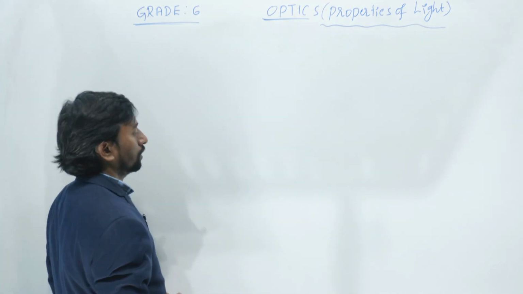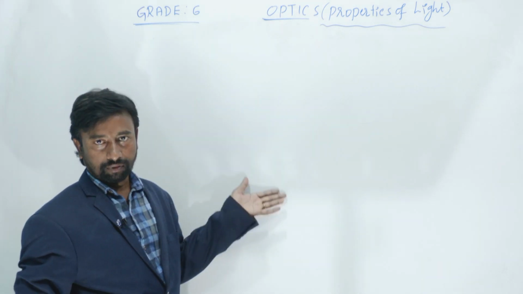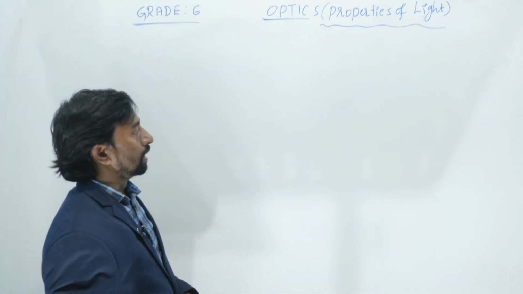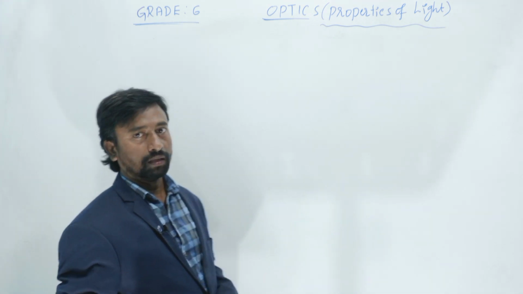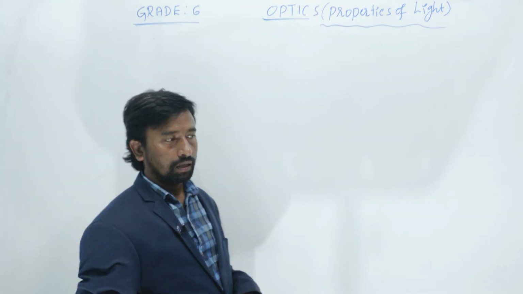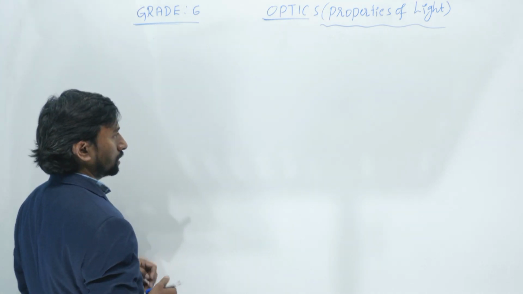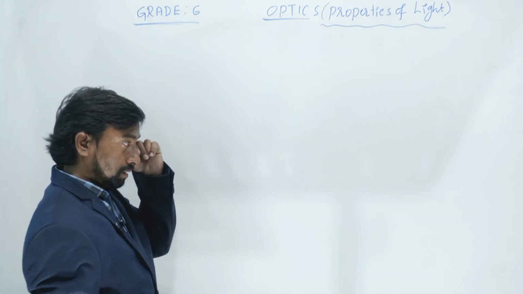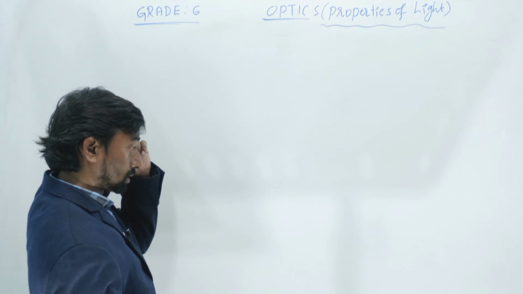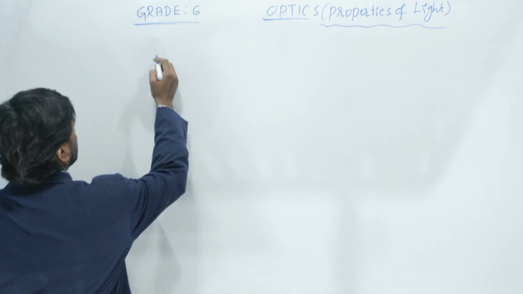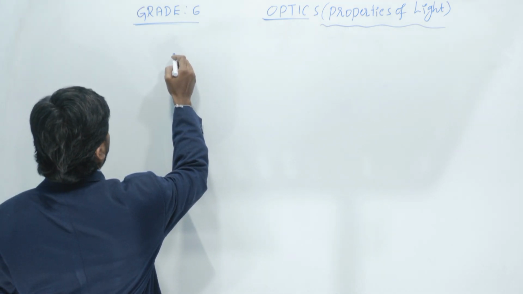There are also the laws of refraction, what happens when refraction takes place, and different physical quantities of light, which we will study in higher studies. Now the next property of light is diffraction.